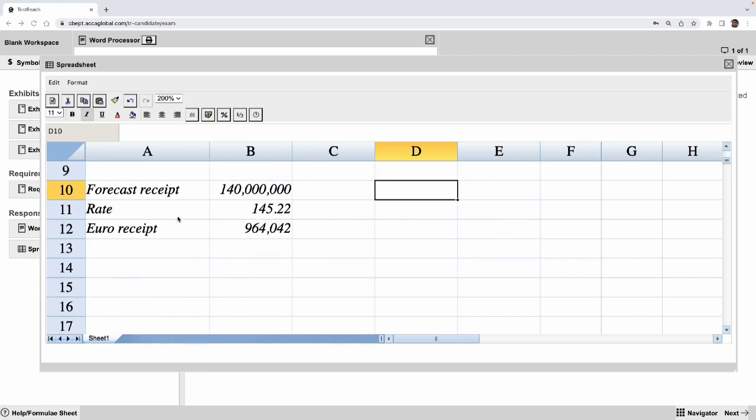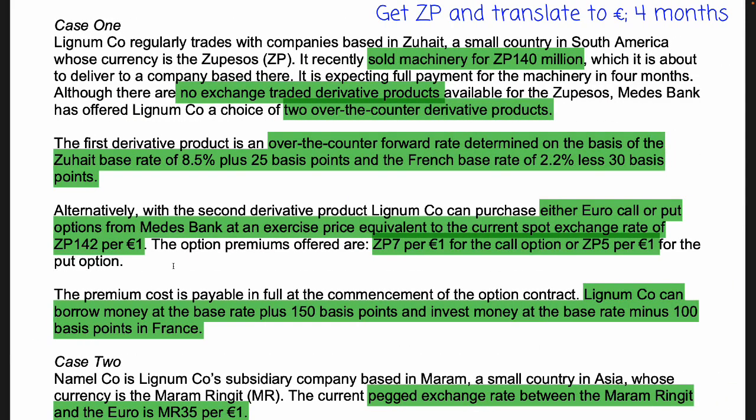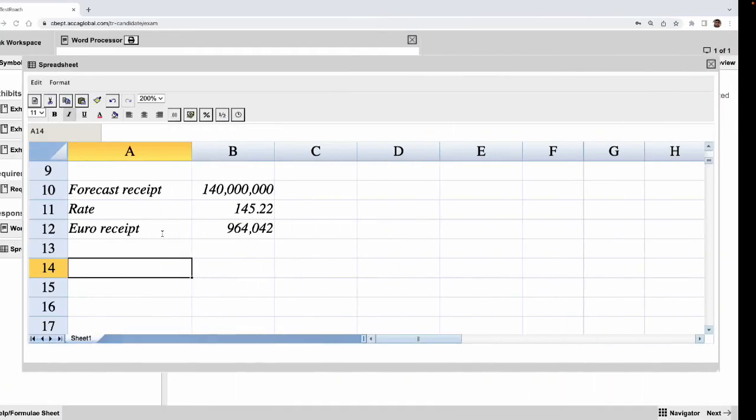All okay, the first one you should get. Okay, let's go to the next part of the calculation. Can I go on to the next part? The next part is you're supposed to work out the options.